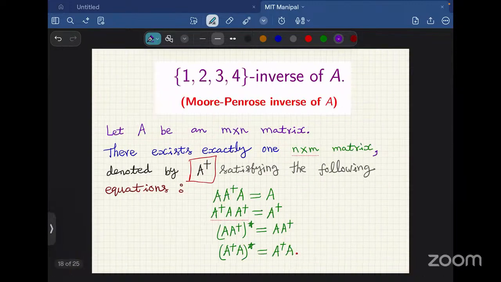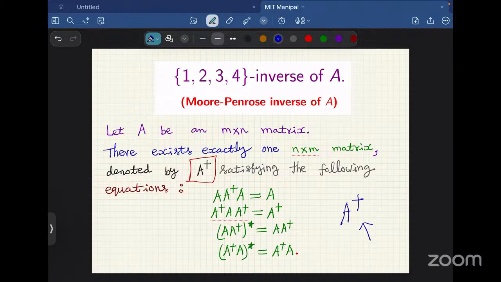So now, combining all of them, you will be in a position to tell what we can expect of A dagger. A dagger is a matrix satisfying all four conditions. Therefore, one can expect this A dagger to give the unique least square solution of minimal norm. That is the concept of A dagger.